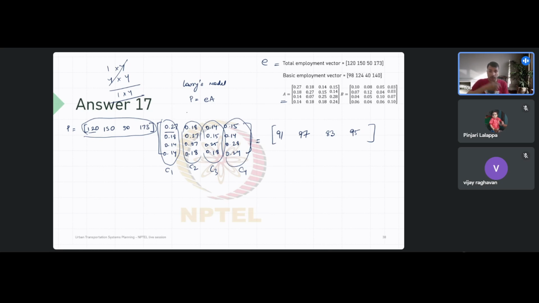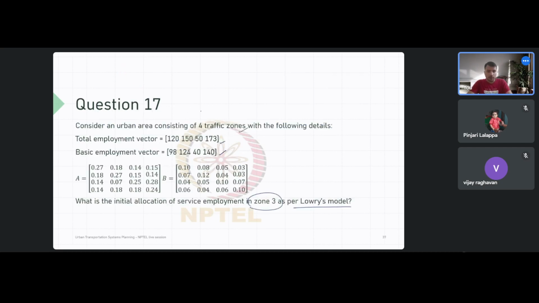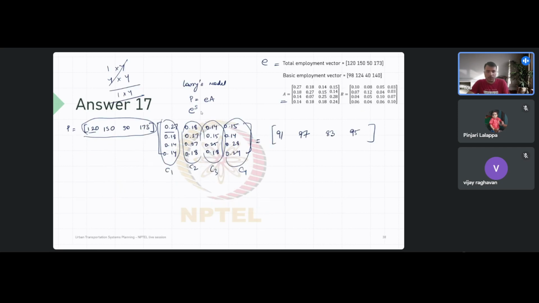Now we have to find the value of E to the power S. Then only we can get the service employment. That will be P into B. So we found P. Now we have to take its product with B. So E power S is PB.